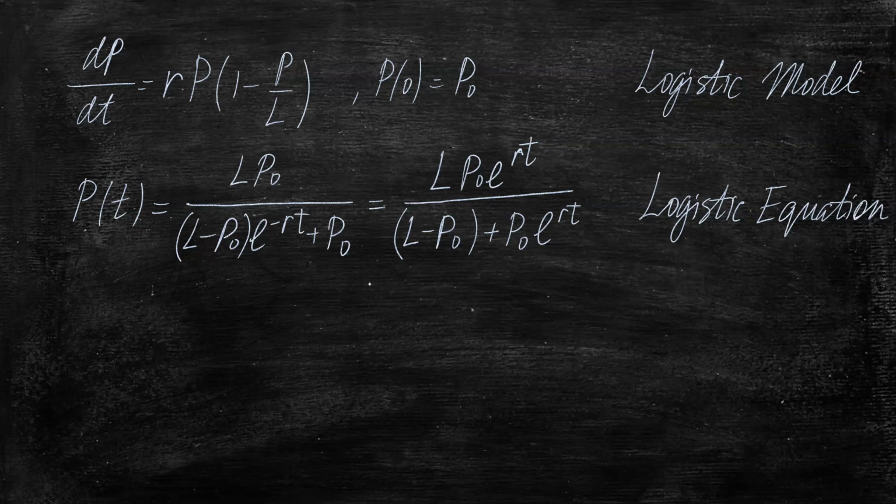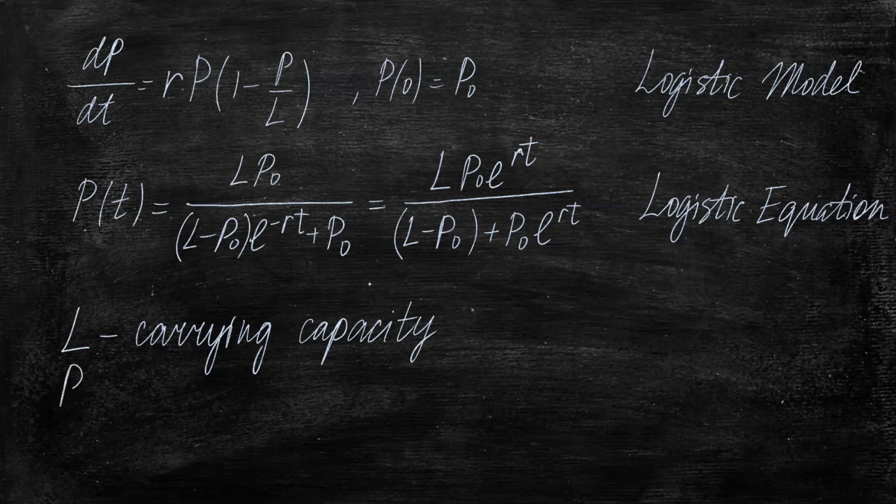And in this logistic equation, L is what we call the carrying capacity or limiting capacity. P0 is the initial population. R is the growth rate.